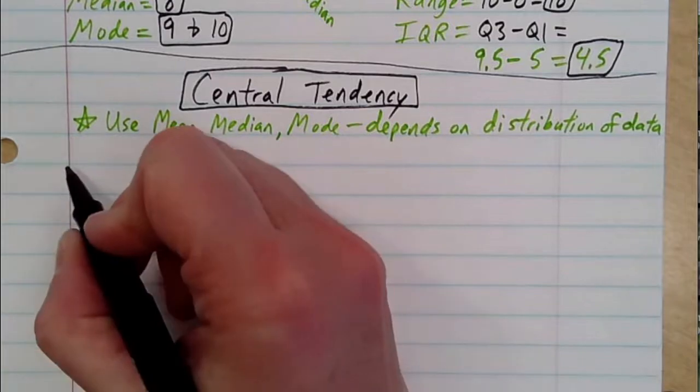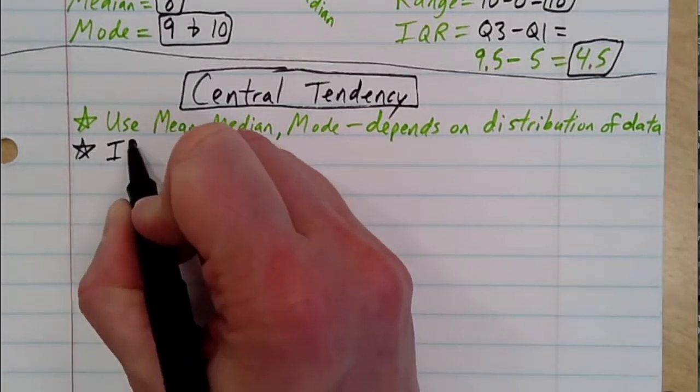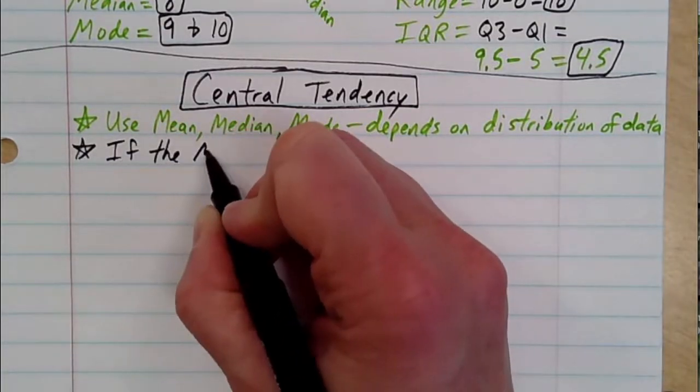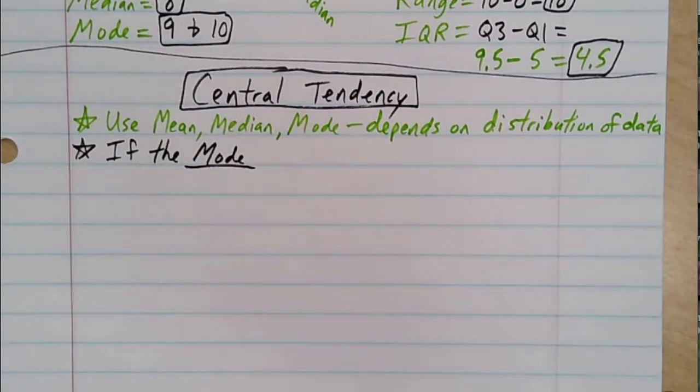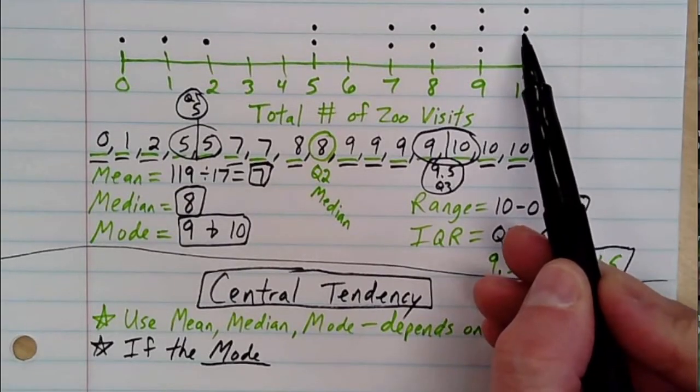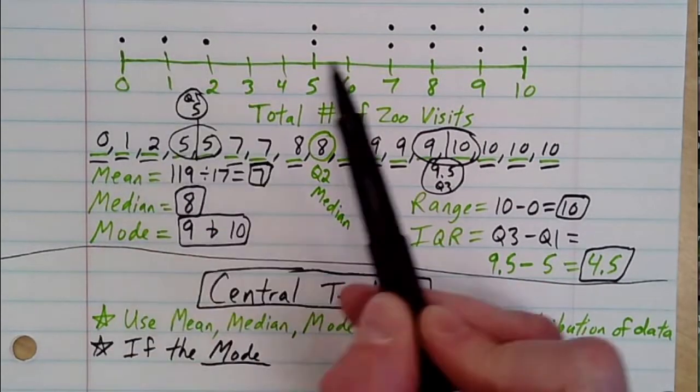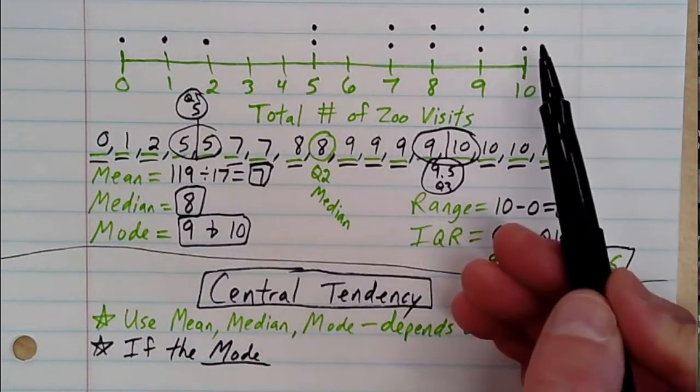So I'm going to put a star here. If the mode, so the most common, is like here where it was one of our highest numbers or one of the lowest numbers, then it's not going to be a very good measure of center because it's kind of one way or the other.